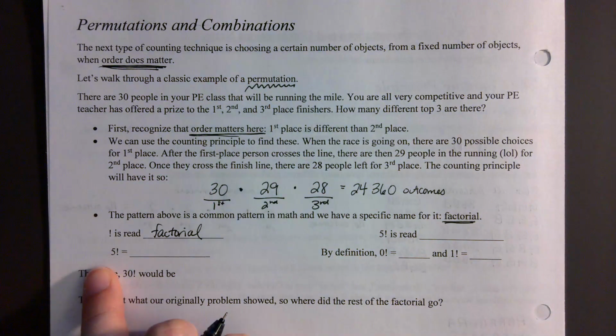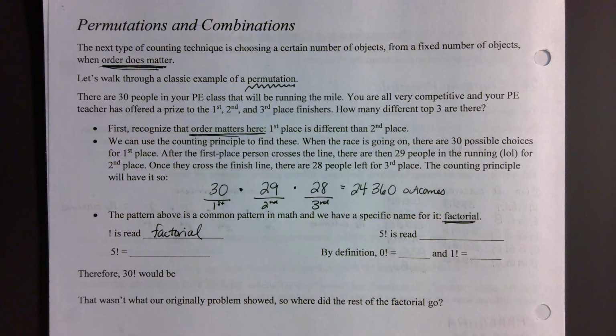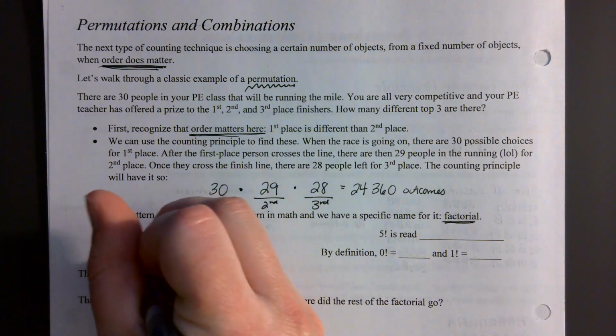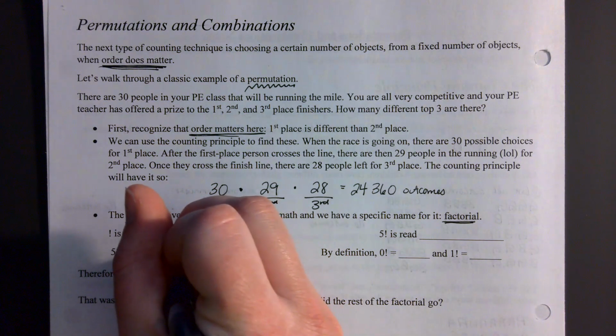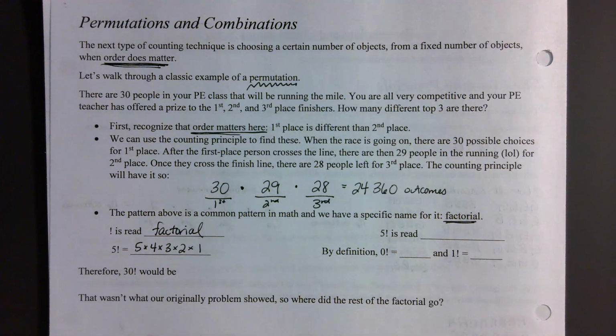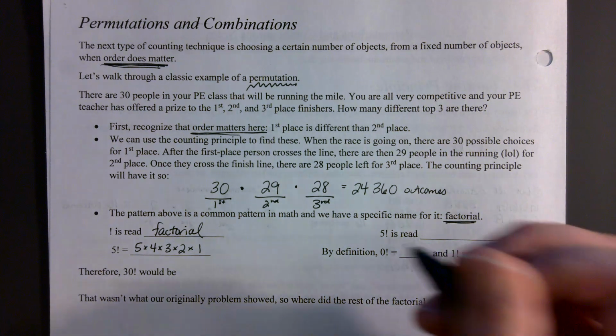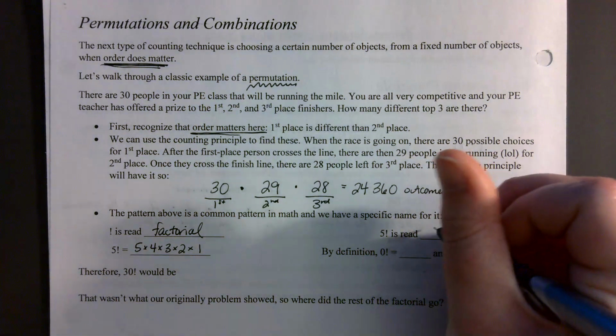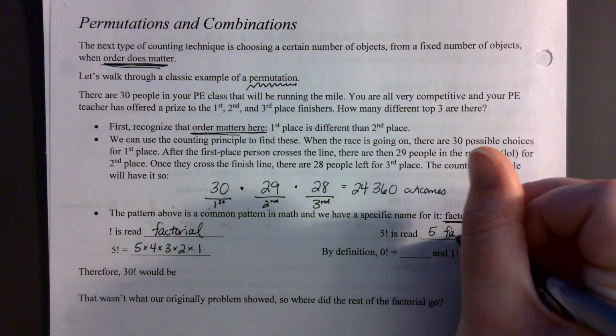So for example, I have 5 factorial. I take 5 and we multiply by every number after it. So we take 5 times 4 times 3 times 2 times 1. That would be our factorial. So 5 factorial is read 5 factorial.